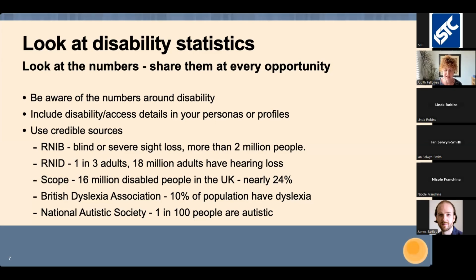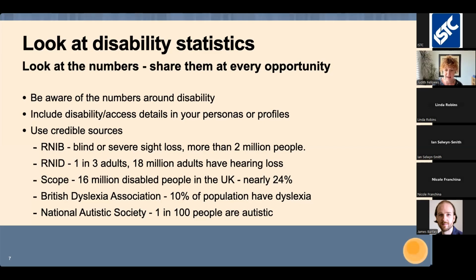And this is particularly true when we look at people who are neurodiverse. So that might be autistic, dyslexia, ADHD. Because it's only more recently, perhaps in the last, even 10, 20 years, that more children are getting diagnosed in school. So it's very, very common that people don't know they have an access need. And that figure from the National Autistic Society, 1 in 100 people, that's pretty old.